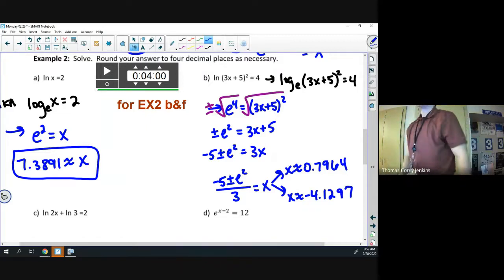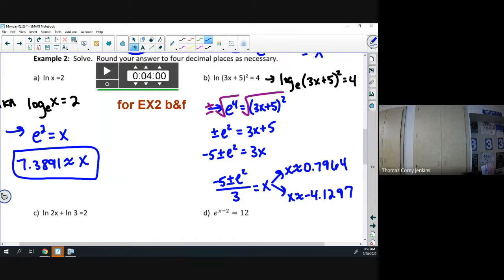Now, if you have the thought here, Mr. Jenkins is going to say we can't log a negative. That's a good thought. But in this case, the reason that this is a solution is, if we go back and plug in the negative 4 number here, we get a positive when we square.